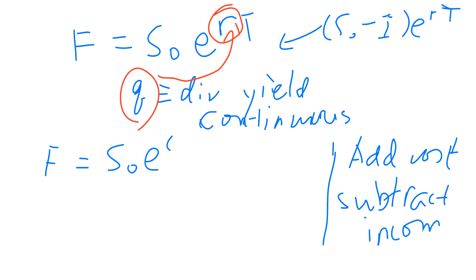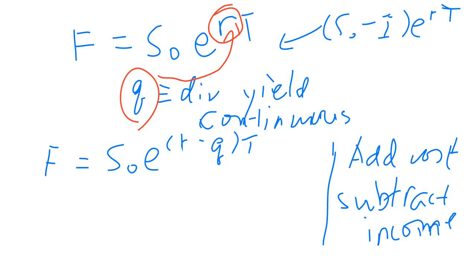If you have a cost, you're not paying the cost. If you have an income, you're not getting the income, right? So you kind of have to reverse the process, if you will. So we get this r minus q times T.